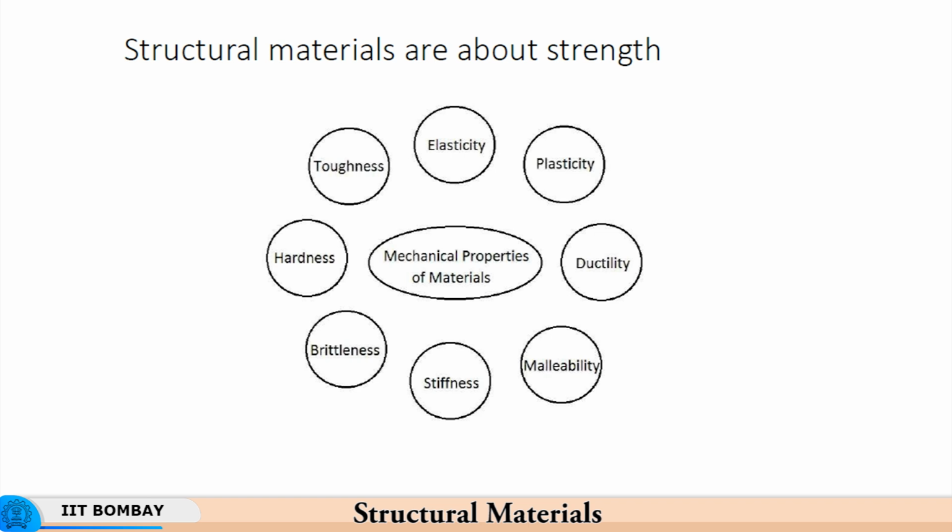Brittleness is related with ductility. It is essentially lack of ductility. Ductility, I have already told you, enables you to deform the material to a great extent, whereas brittleness is just the opposite of it. It means that the material does not get deformed at all. The material gets deformed only in the elastic manner, with very small strains, and the elastic deformation is retrievable, but there being no ductility, the material just fractures.